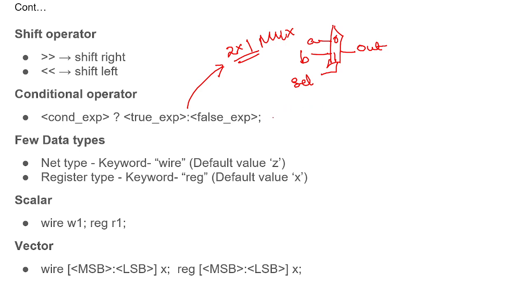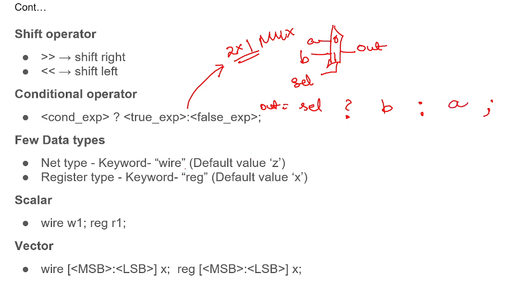Now can you say how I can implement this multiplexer using the conditional operator? I will have out equal to the select expression, question mark, then the true value B, colon, A. Yes.